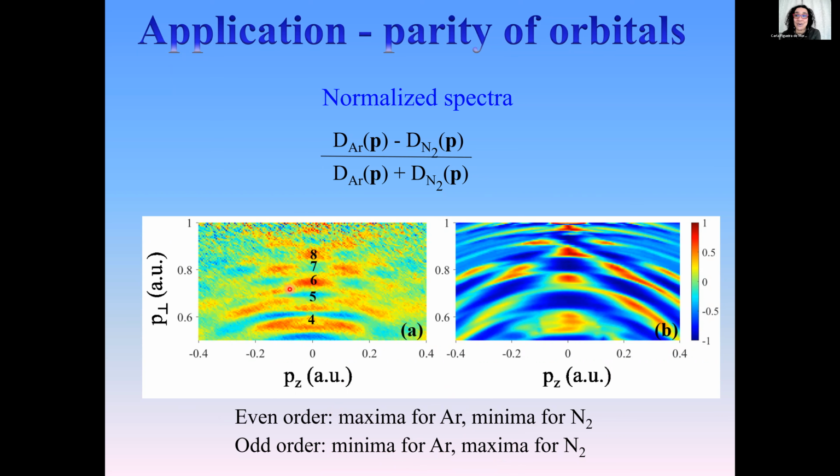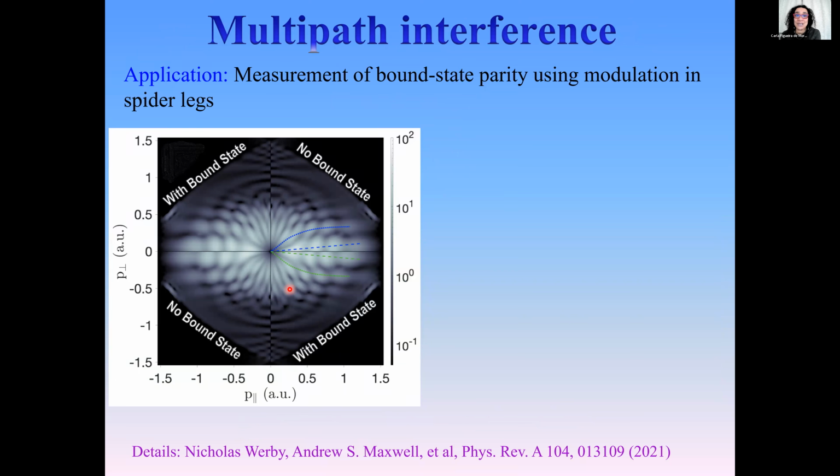And we realized that you can go beyond. You can talk about multi-path interference, because so far the focus has been on interference between two types of paths, 1 and 2, 3 and 4, etc. But how about the situation in which you have, for instance, a modulation in the spider legs, which is something that you can see here.